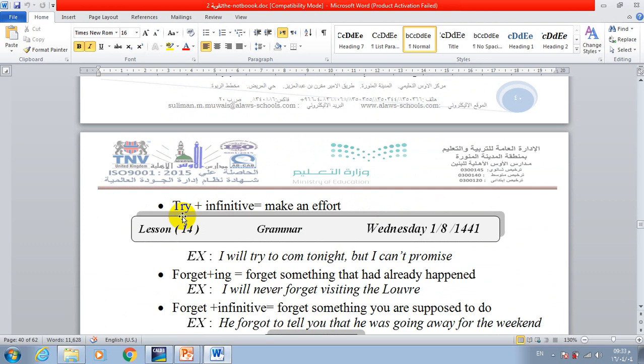But if we say try plus infinitive, it means make an effort. Like the example, I will try to come tonight, but I can't promise. Again, I will try to come tonight, but I can't promise.